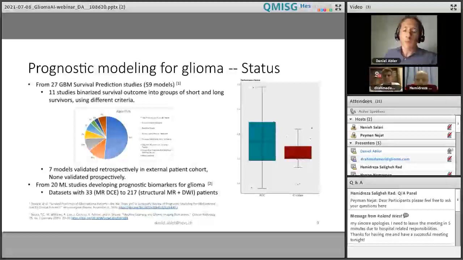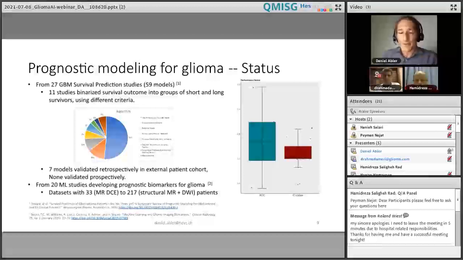So after those two examples, I would like to give you a quick overview of the status, very specifically prognostic modeling for survival in glioma and mostly glioblastoma. On the right, you can see performance metrics. As we've seen before, the C-index, the concordance index, is in the range of 0.7 and a little bit higher. On the left, I included information from recent reviews of such studies. And well, what you see there is that the studies are very heterogeneous.